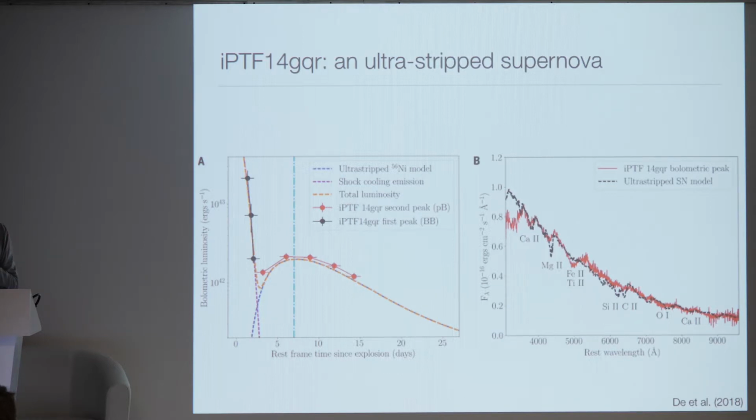So you only see the nickel heated part. This part is heated by nickel. And we observed this early decline, and that was of course not expected from a very compact Wolf-Rayet star explosion.